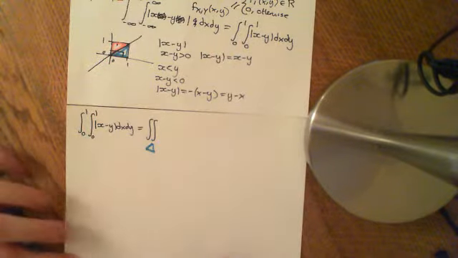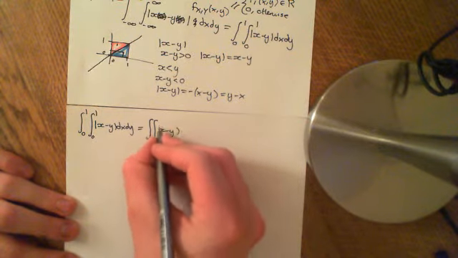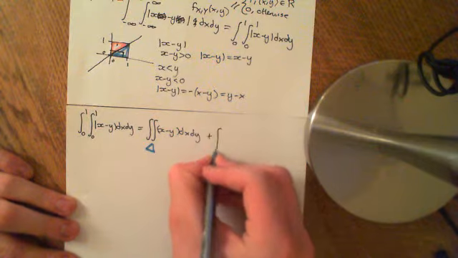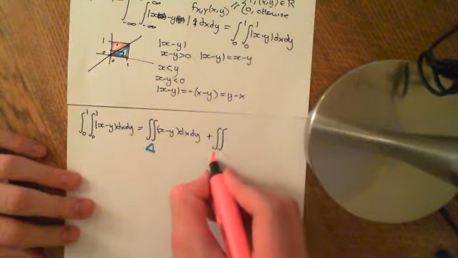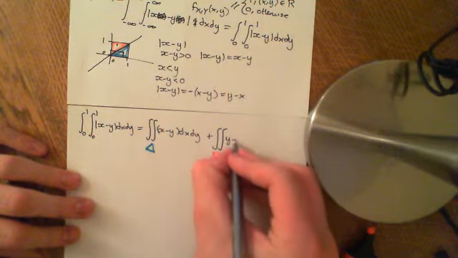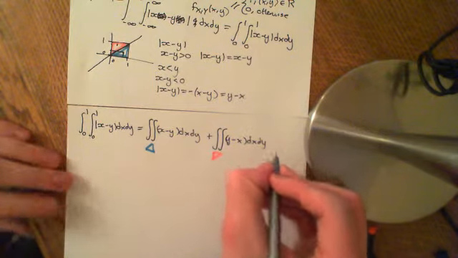So the integral over the blue triangle of the function x minus y dx dy, plus the double integral over the pink triangle here of y minus x dx dy. So now all we need to do is compute those two double integrals.